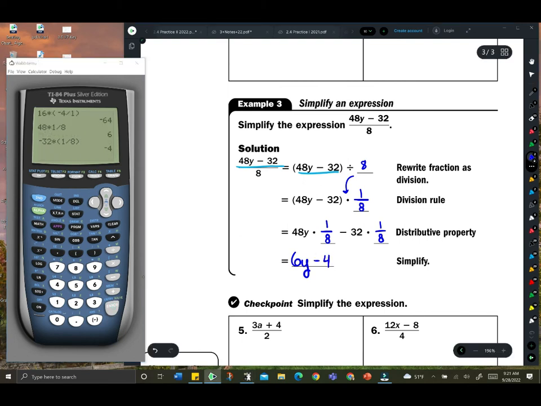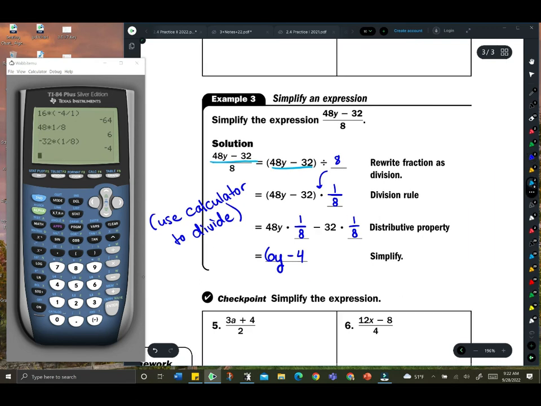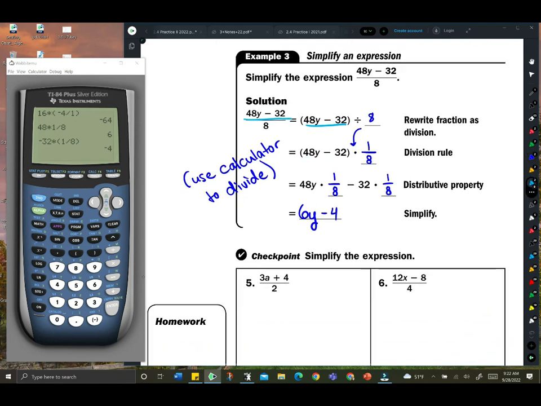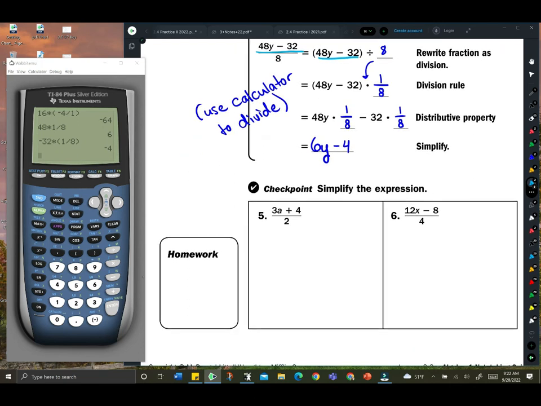If you were to do this just with division, that's okay. You can always just use the calculator to divide. But the key thing is make sure you do both parts: 48y over 8 and negative 32 over 8. Okay, so I'll show you another method to do this.